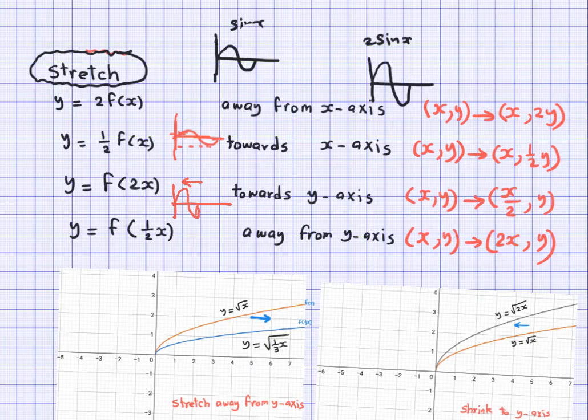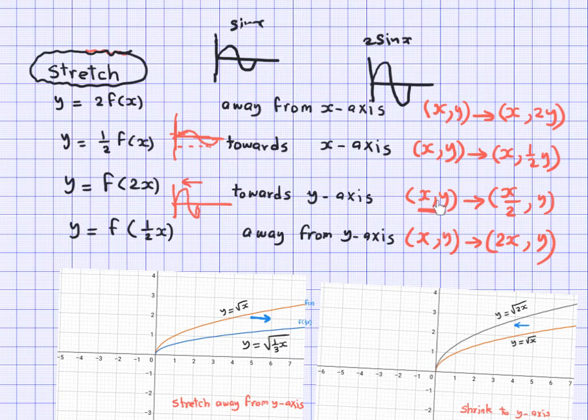Each point (x, y) will be (x over 2, y). So if you multiply x by 2, the new points will be divided by 2. Multiply by 2, divide by 2. Do the opposite. If you change the inner, which is x, if you multiply x by 2, you should divide x by 2.